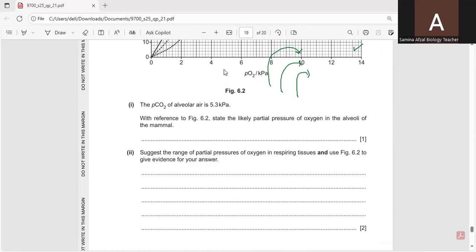The partial pressure of alveolar air is 5.3 kilopascals. State the likely partial pressure of oxygen in the alveoli of a mammal. The partial pressure in the blood leaving the lungs is the same as the alveolar pressure, so diffusion results in equilibrium. Therefore, the pressure leaving the lungs is about 13.3.